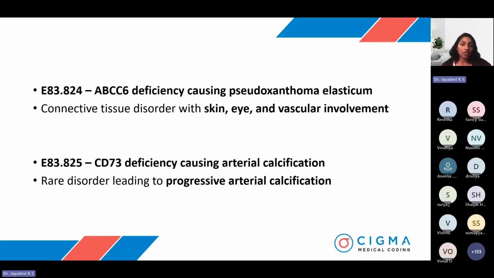CD73 deficiency causing arterial calcification, E83.825. CD73 is a factor whose deficiency is caused by another gene mutation. If CD73 is deficient, it will cause arterial calcification. It's also a progressive condition, a progressive arterial calcification.